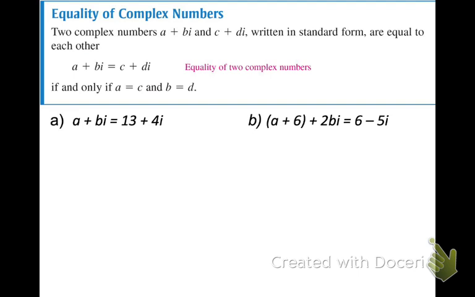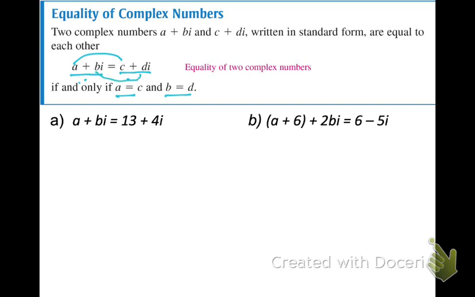Okay, equality of complex numbers. This is one of those rules I think is duh. I have to tell you the rule, but it's one of those going, yeah, why would it be anything else? It says if a plus bi equals c plus di, then a has to be equal to c and b has to be equal to d. Well, if I'm saying these two things are equal, wouldn't the real parts have to be equal and the imaginary parts have to be equal?